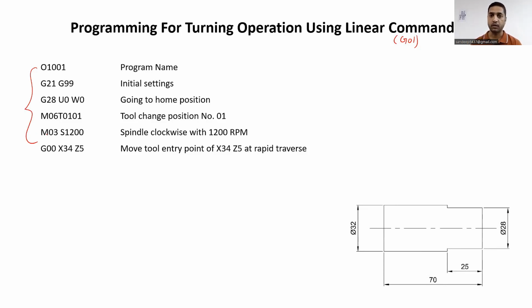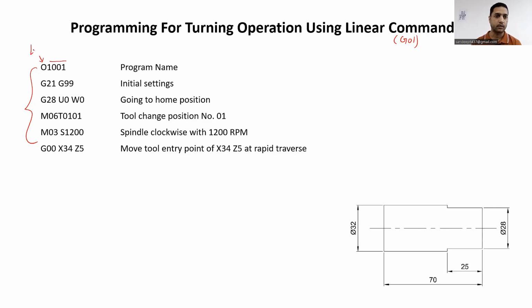And kindly note one thing over here, that we are writing this program for FANUC controller. I had already explained in lecture number 1 that there are different controllers apart from FANUC controller, for example Siemens controller, GSK controller, Mach 3 controller, etc. And in our FANUC controller, our program always starts with letter O followed by 4 digits.